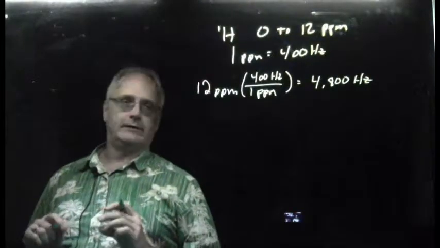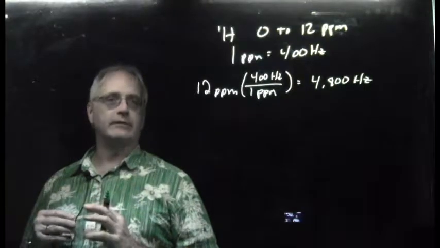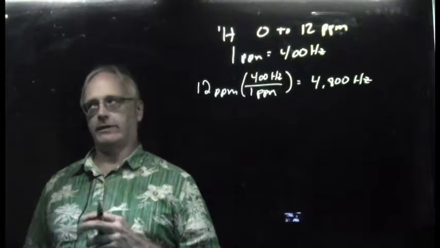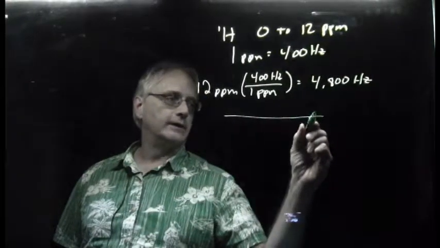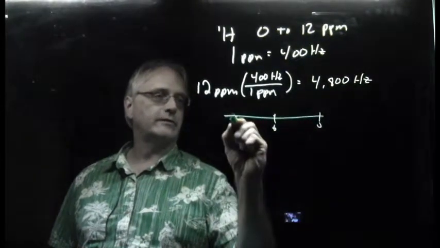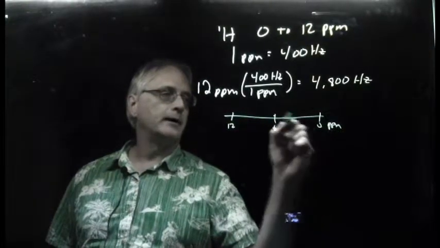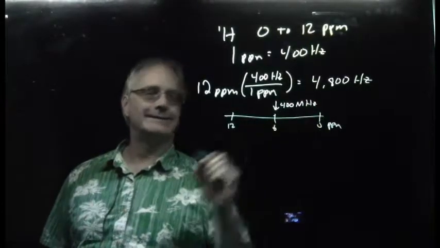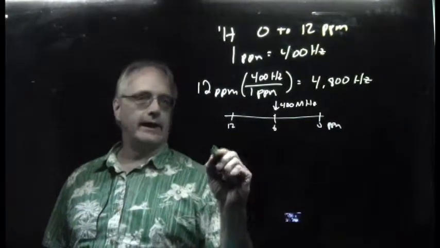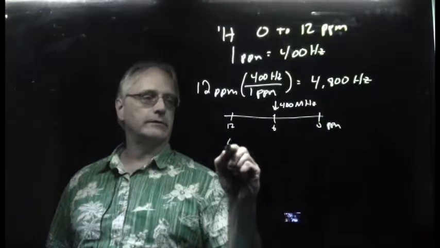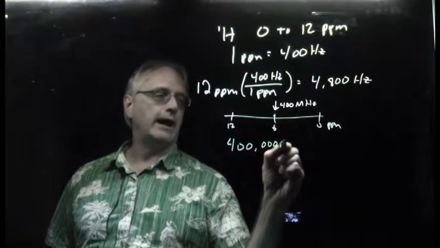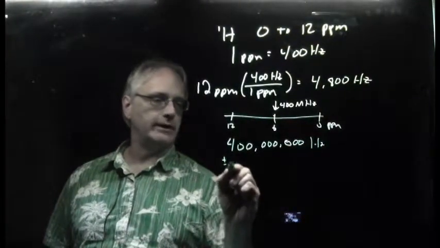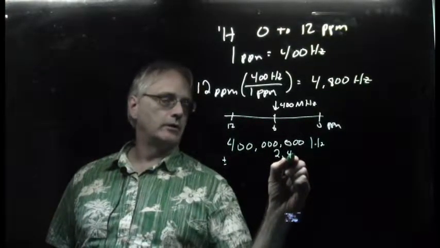Now, to put that in perspective and to tie in with what we've talked about previously in magnetic nuclei and the frequency that they undergo their various transitions, imagine the full proton spectrum for a moment. There would be 0, there would be 6, there would be 12 ppm. Pretend for a moment that that is exactly 400 megahertz, right there in the dead center. That would imply then that the protons on our particular instrument are found at 400 million hertz plus or minus 2,400 hertz.